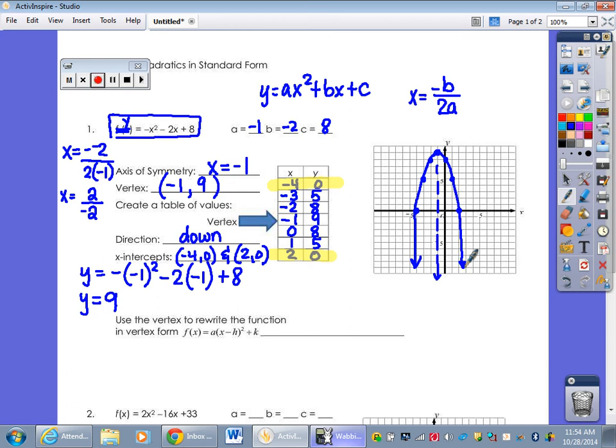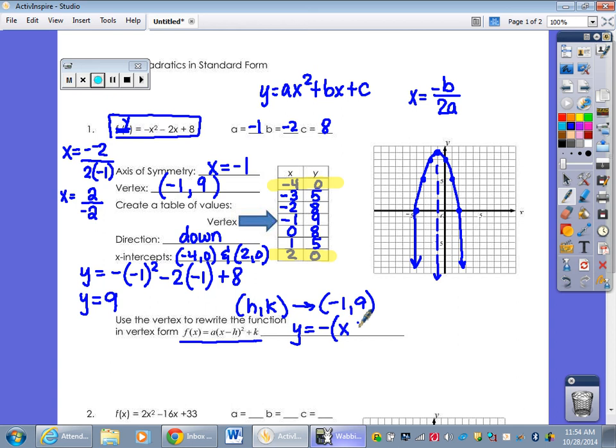And the last thing we have to do is rewrite this in vertex form. Remember that this is vertex form. So we use the same exact a that the a is in the problem. So this is going to be y equals -1, which you don't have to put the 1. And then the vertex, remember, is h, comma, k, and our vertex is -1, 9.